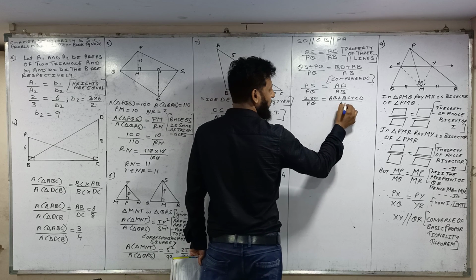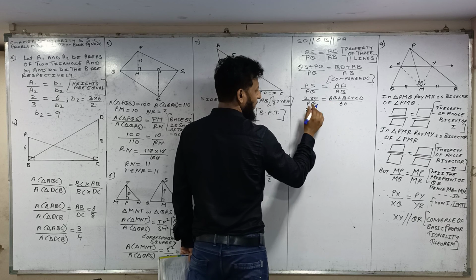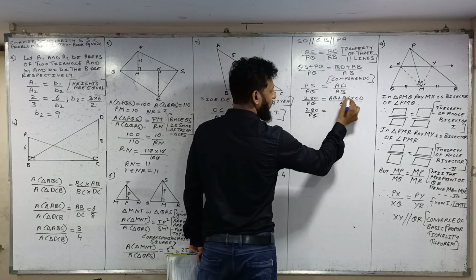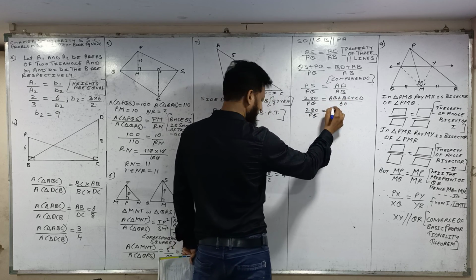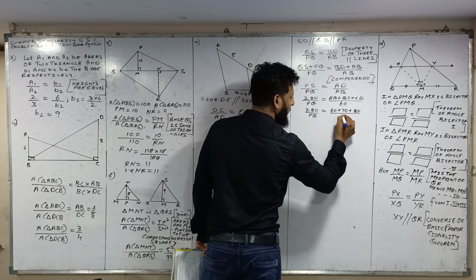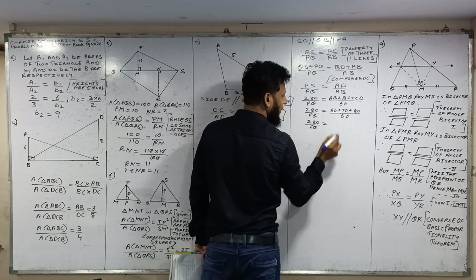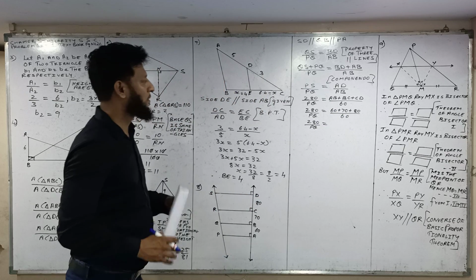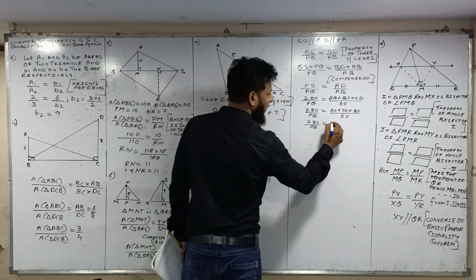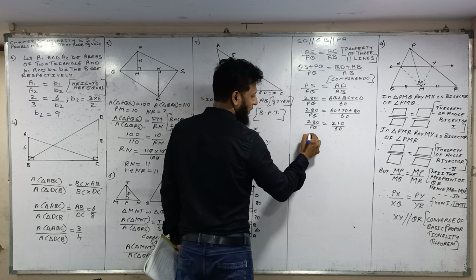AB value is 60. So put the value 60. Now 280 upon PQ is equal to AB is 60, 70 plus 80 upon 60. 280 upon PQ is equal to 210 upon 60. Now cross multiply.